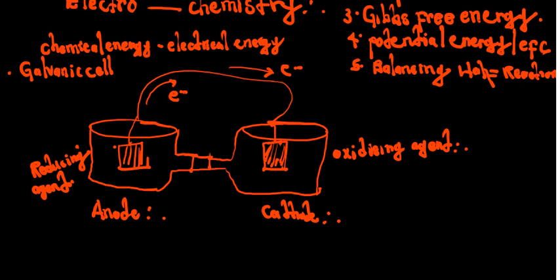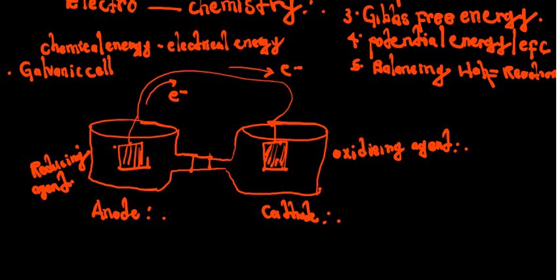So what is important for you to understand here is that you need to know how you're supposed to draw the galvanic cell in the exams, and be able to label each part of the galvanic cell to say this part is the anode, this part is the cathode, this is the reducing agent, and this is the oxidizing agent.